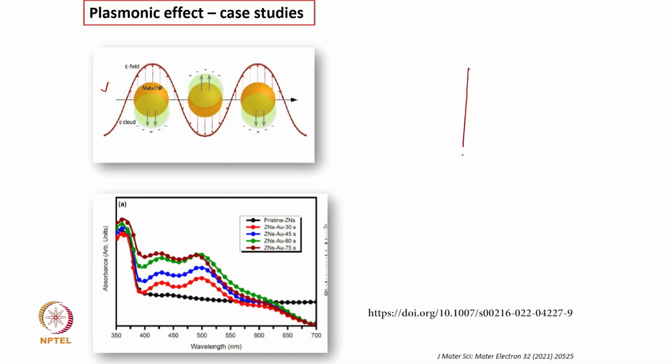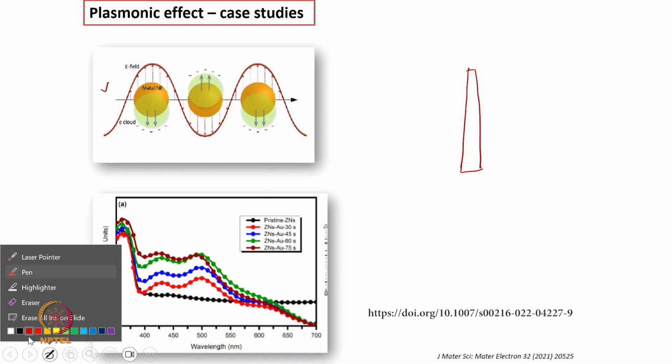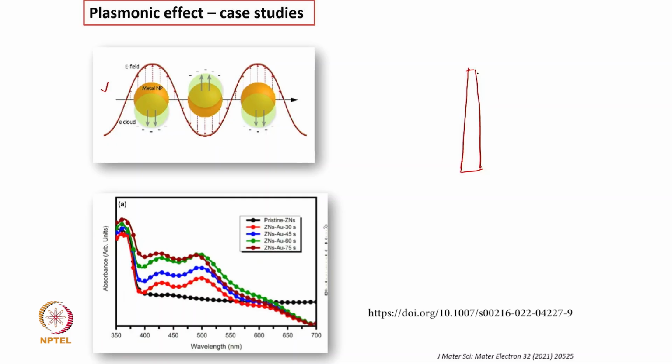So now I have a photoelectrode, and I decorate this photoelectrode with different metallic nanoparticles, say silver, gold, copper, etc. We can also dope these particles a little inside the photoelectrode.